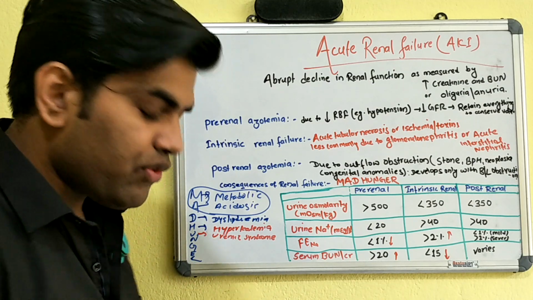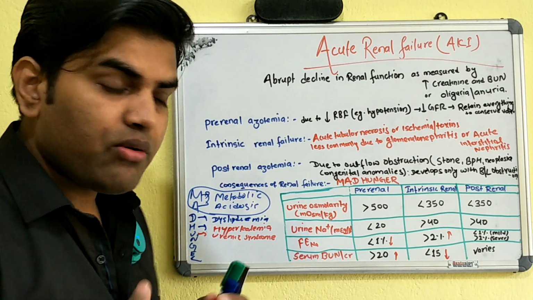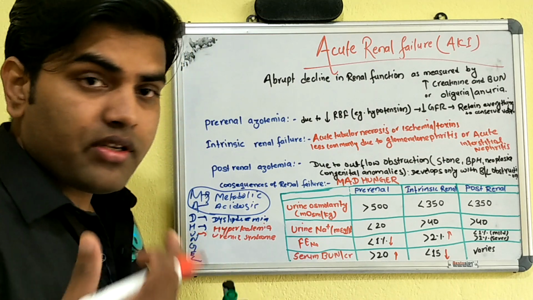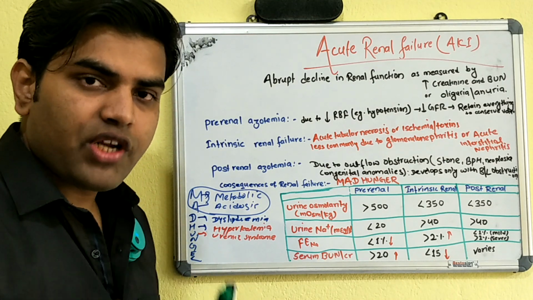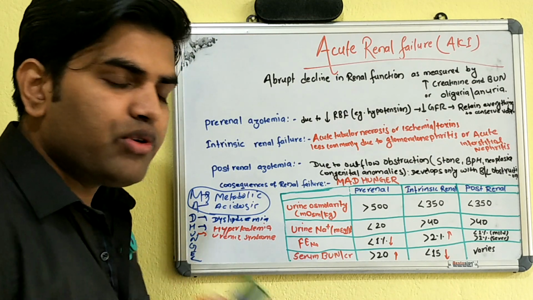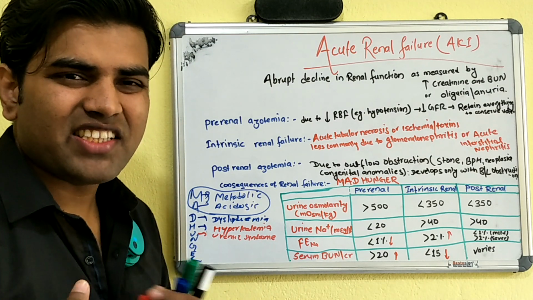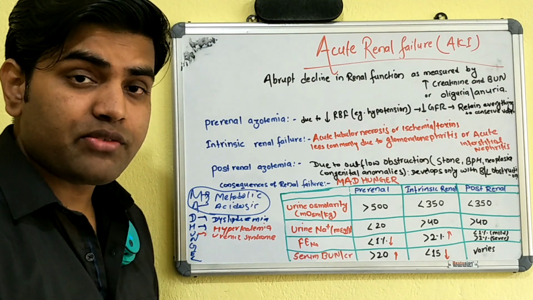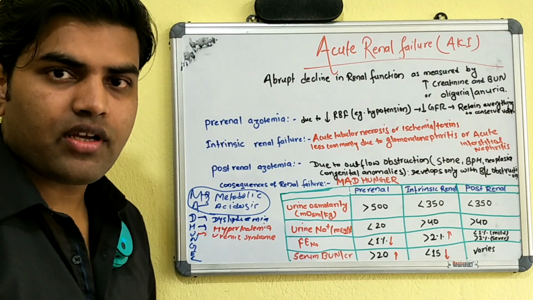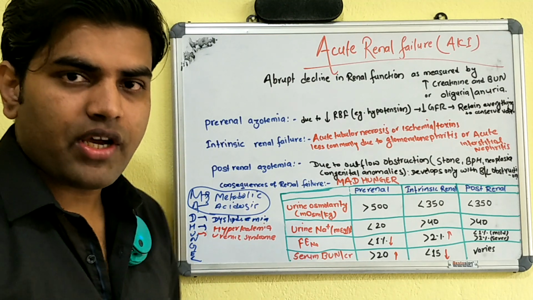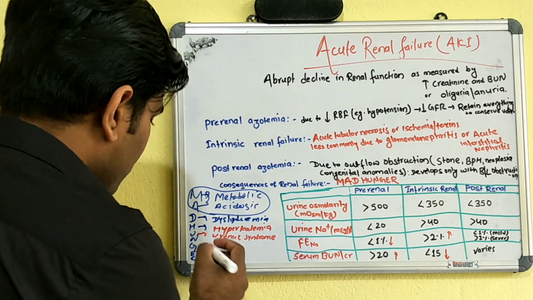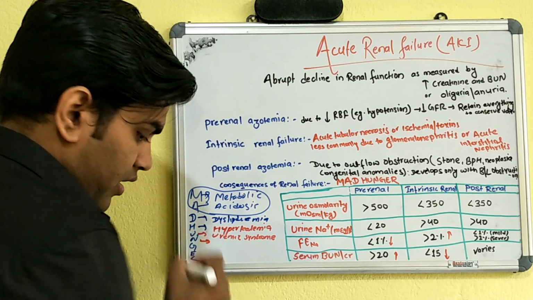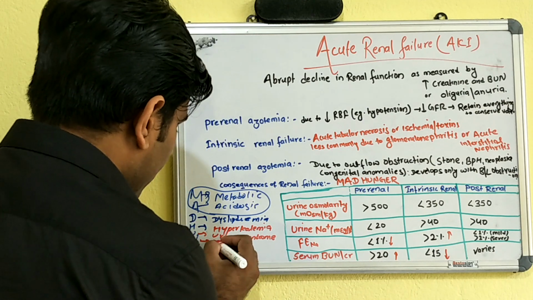These are all features of uremia. In uremia there is an increase in BUN, blood urea nitrogen, leading to nausea, vomiting, pericarditis, asterixis, encephalopathy, and platelet dysfunction. Uremic features will be there, and obviously there will be an increase in uric acid.